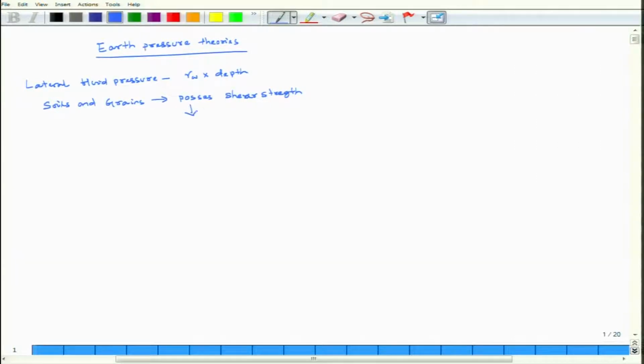Actually, lateral pressure in this case is not equal to vertical pressure, but it is only related to it.